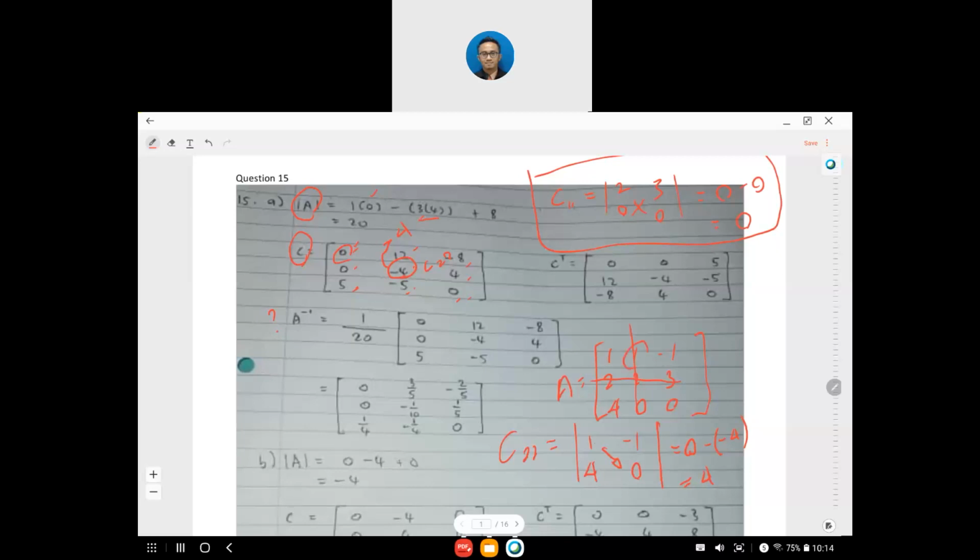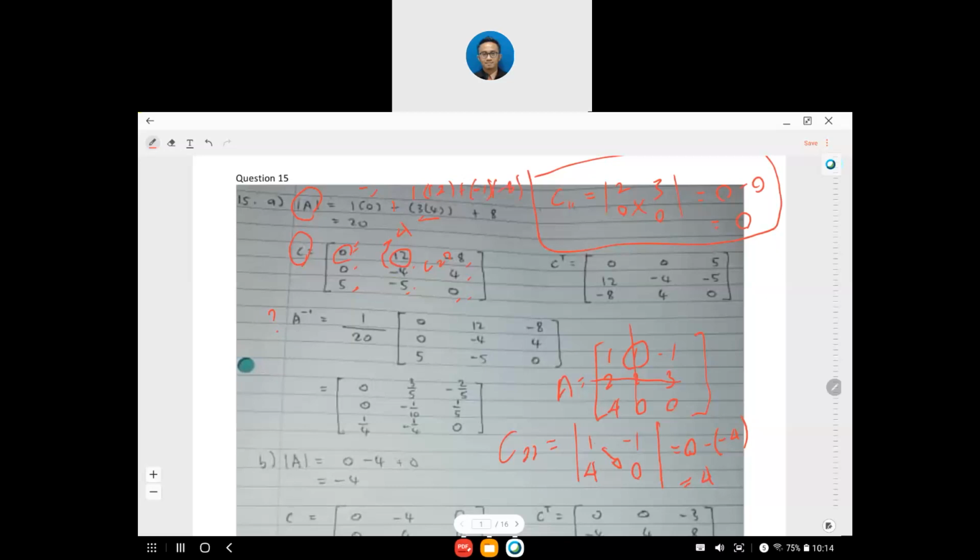Plus 1 times 12, this value is 12, plus negative 1 times negative 8.